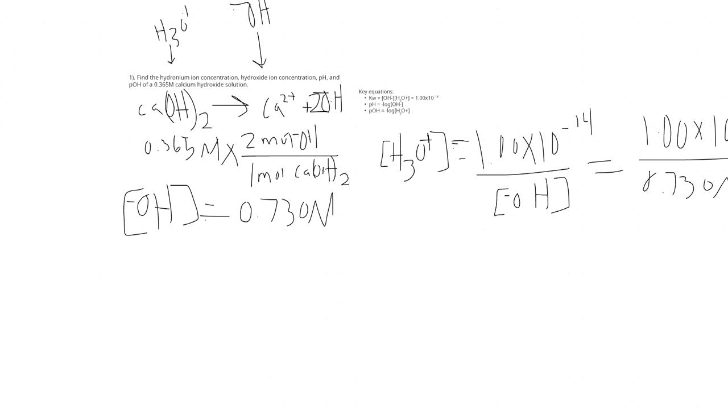So once we do the math, our hydronium ion concentration is 1.37 times 10 to the negative 14.